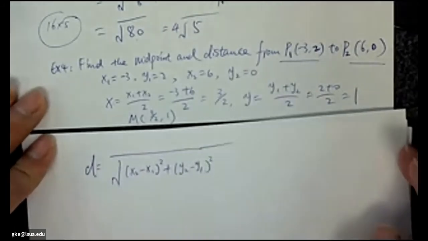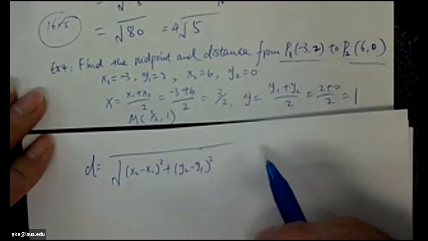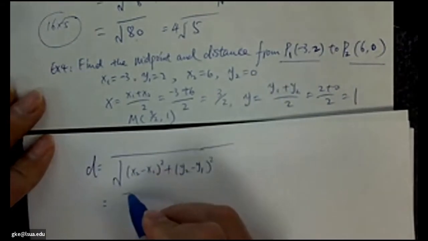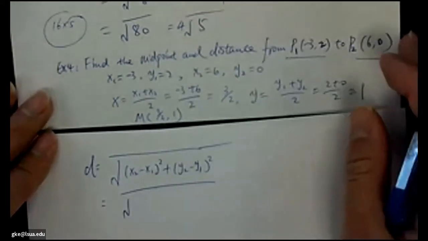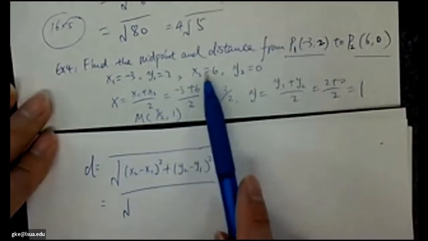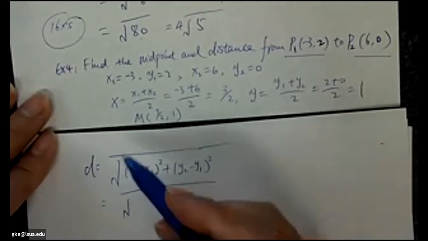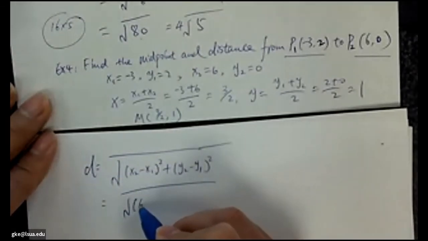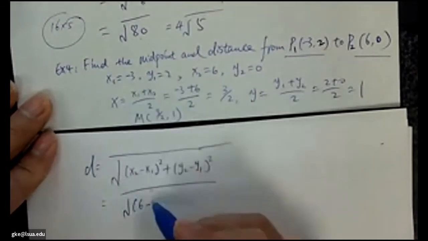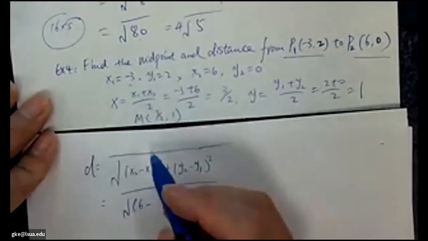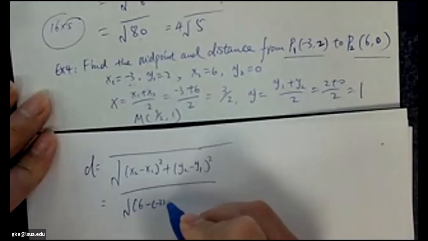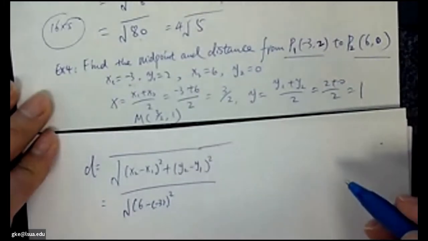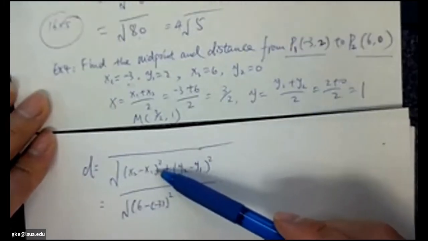That's what we learned from last class, right? So we plug in the values. x2 is 6, subtract x1. x1 is -3, right? That's your question. -3 should be plugged in the parentheses, right?